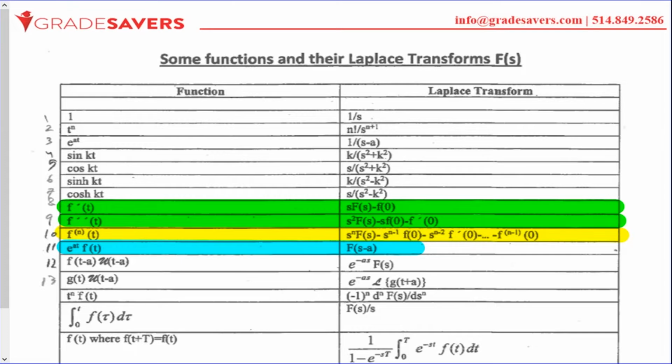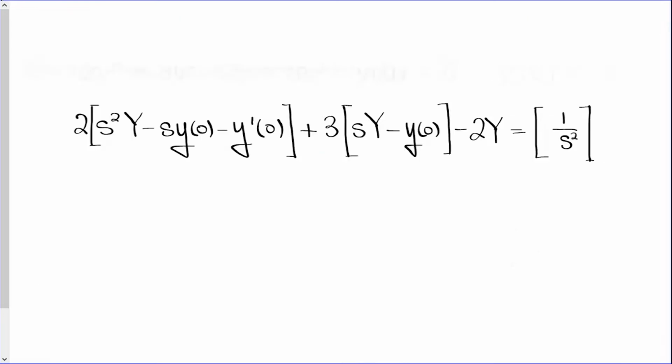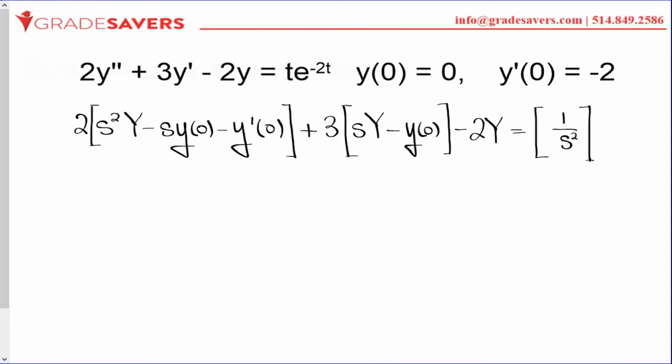So the blue highlight is what you need to understand here to deal with the e to the negative 2t. You should understand that what will happen over here is we are going to essentially replace every s by s plus 2. And so this is how this problem is going to begin.